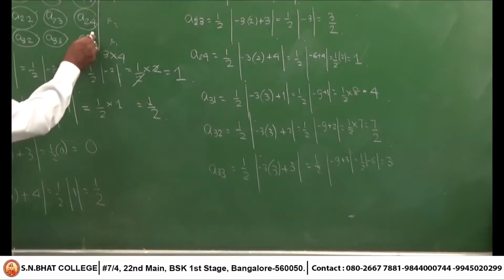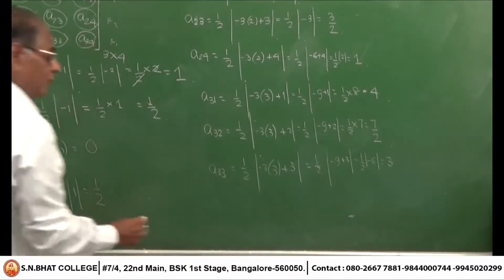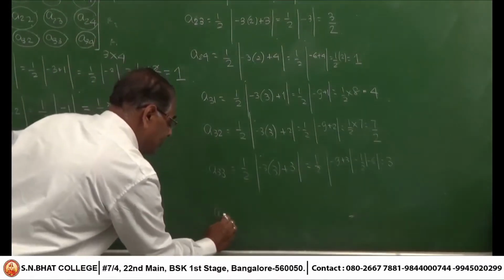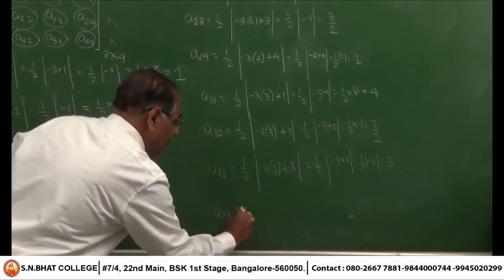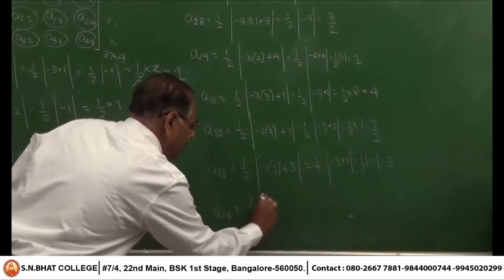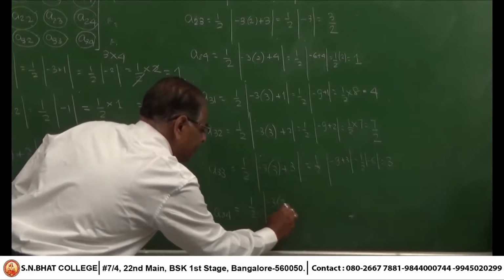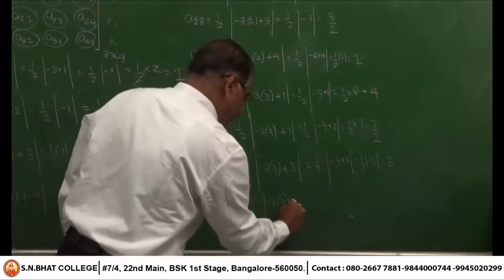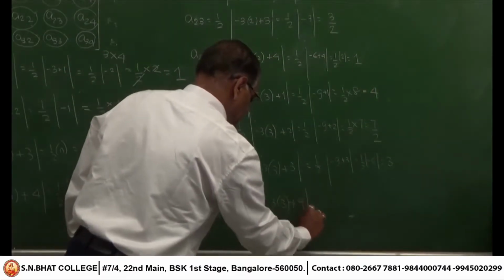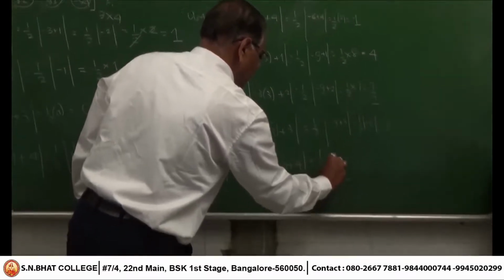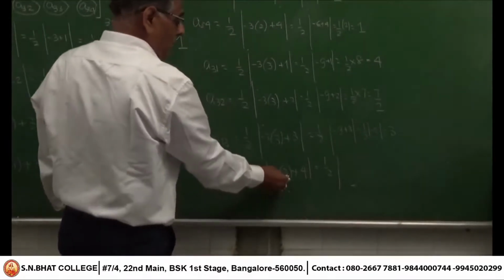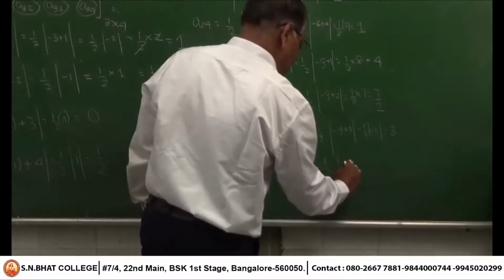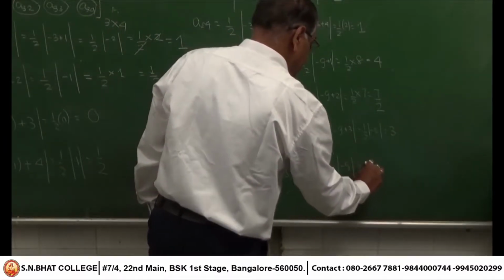The last element is A34. i is 3, j is 4. This is half into modulus of minus 3 into 3, plus 4. Half into modulus of minus 9 plus 4 is modulus of minus 5.